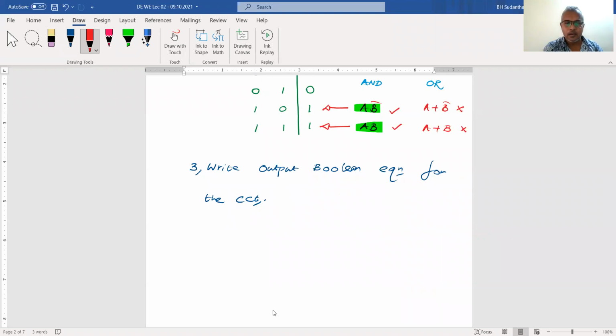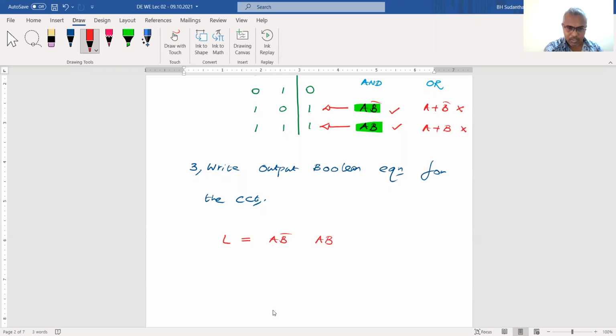Then to make the output equation, now we have taken AB bar. The second term is AB. Okay. Now we want to write the output equation L equals AB bar and AB, two terms are there. Then how can we combine these two terms?